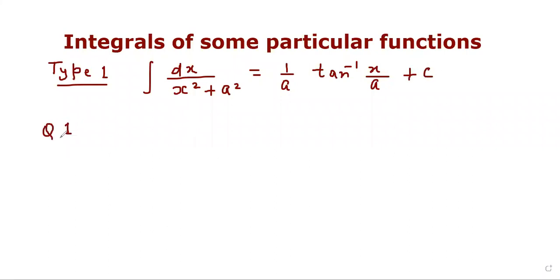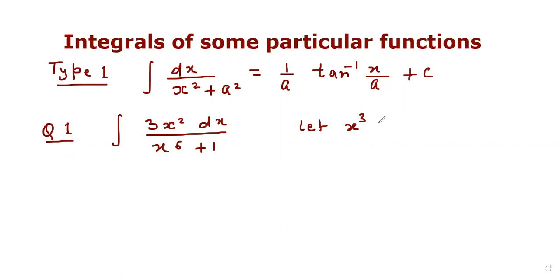Let's see some questions. Question number 1. Integration 3x square dx divided by x power 6 plus 1. Let x cube equal to t, 3x square dx equal to dt.